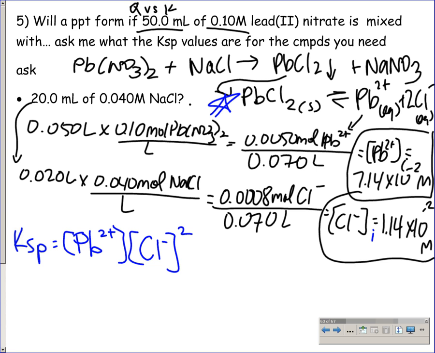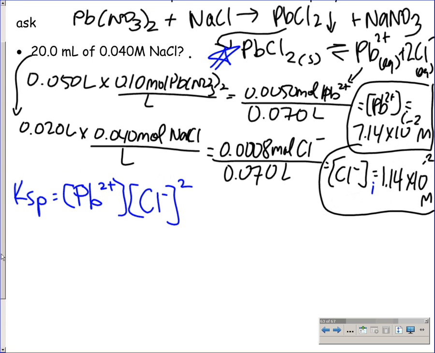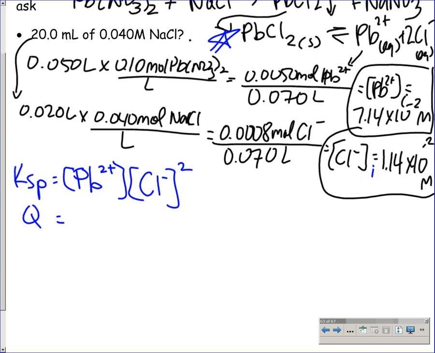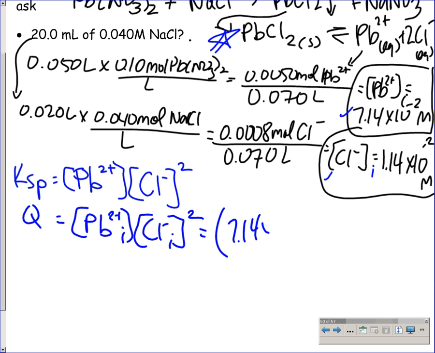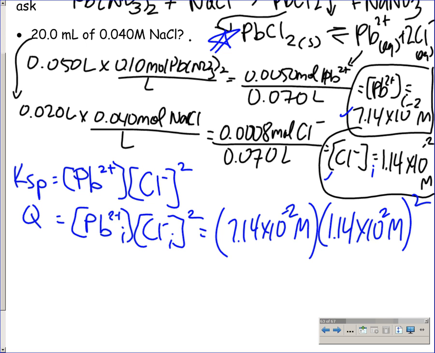Okay, so now that I have those, I can actually use this expression that Q is equal to Pb2+ initial times Cl- squared initial. So I'm just going to plug these numbers in. Lead was 7.14 times 10 to the negative 2 molar, chloride was 1.14 times 10 to the negative 2 molar, squared. When you do this times this squared, you get 9.3 times 10 to the negative 6.